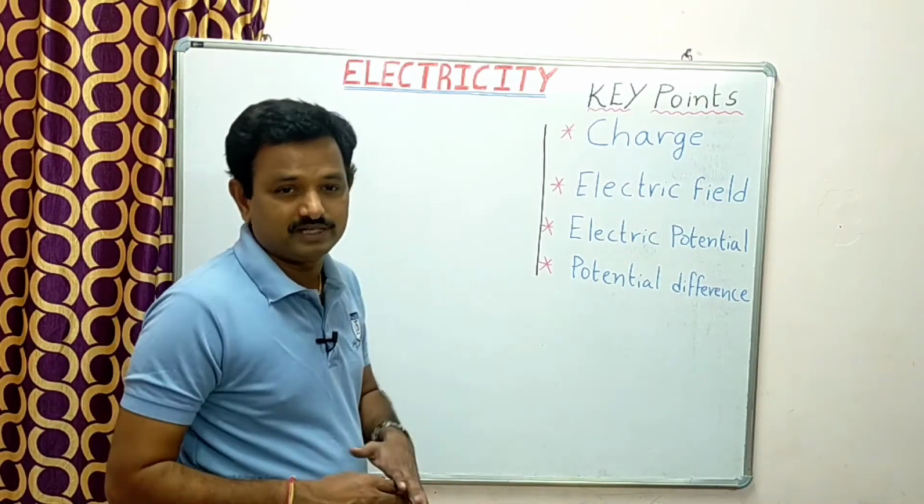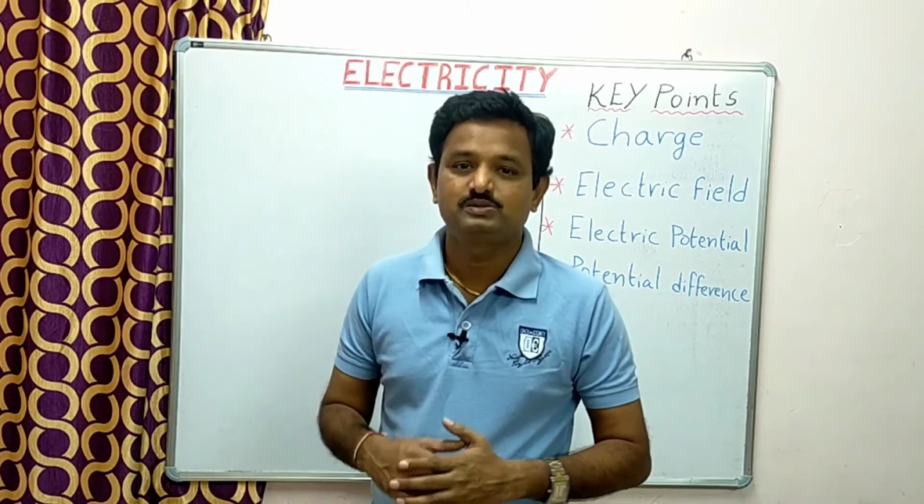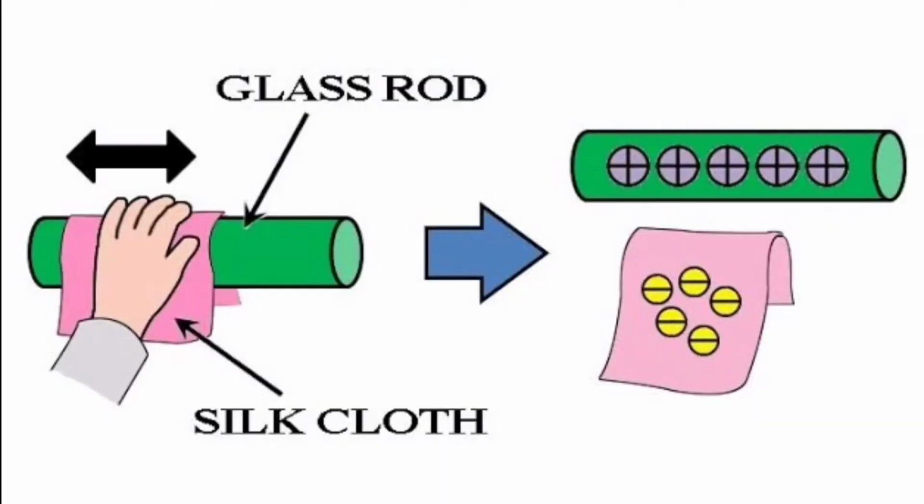We will observe some examples of how charge is produced on them. Suppose we rub a glass rod with a silk cloth, then the glass rod loses electrons and becomes a positively charged body, and the silk cloth gains electrons and becomes a negatively charged body.